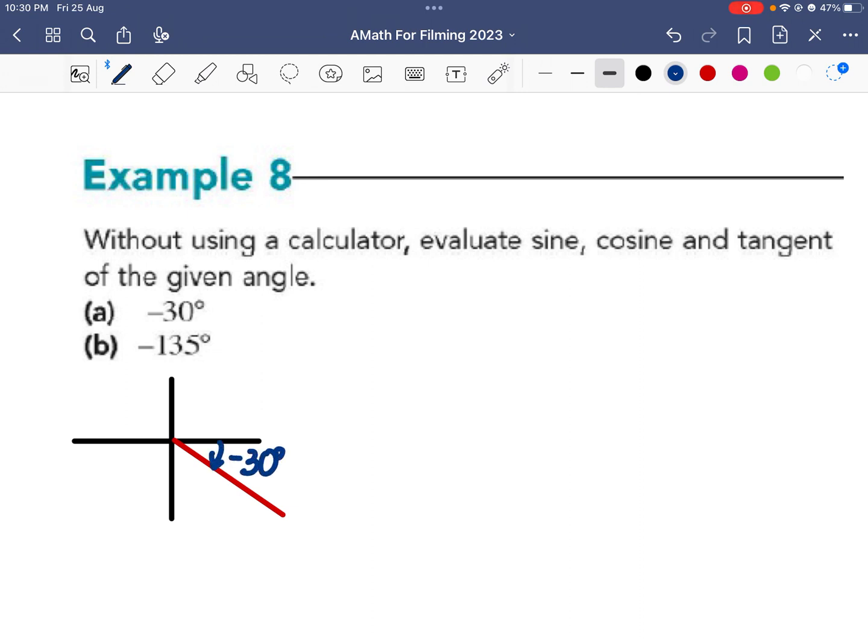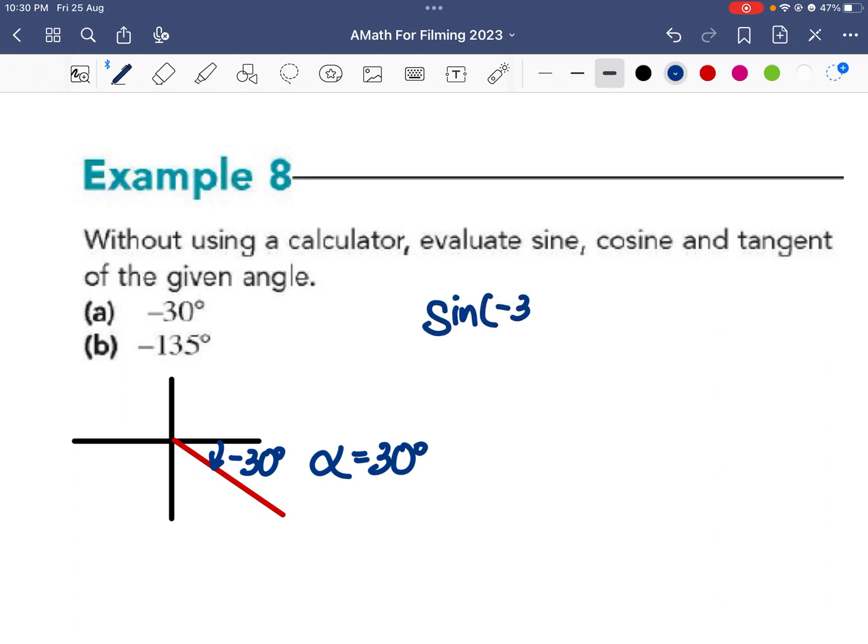So my reference angle is also equal to 30 degrees. Remember, reference angle is always made between the line and the horizontal x-axis. So my alpha is equal to 30 degrees. Now I'm actually in the fourth quadrant itself.